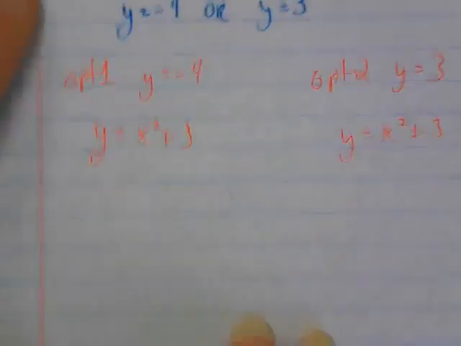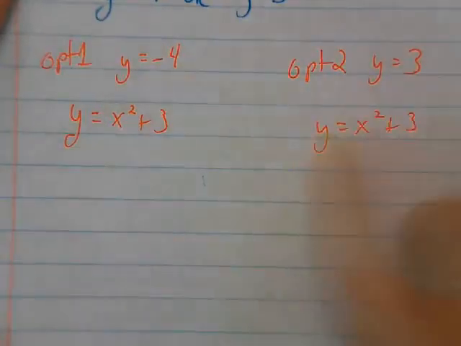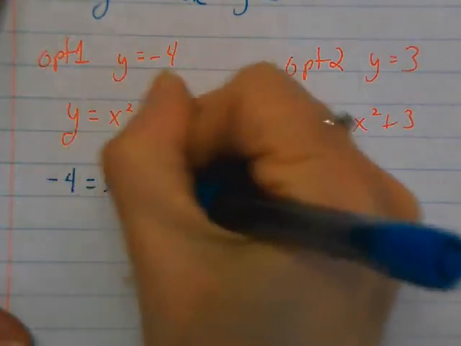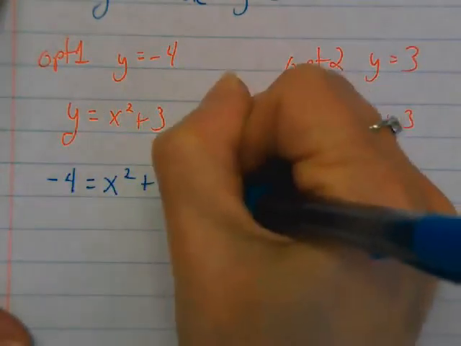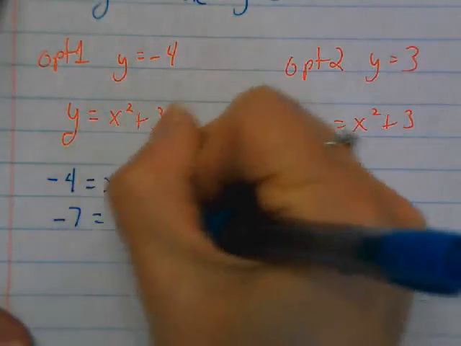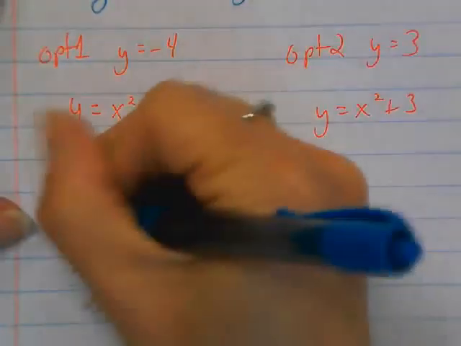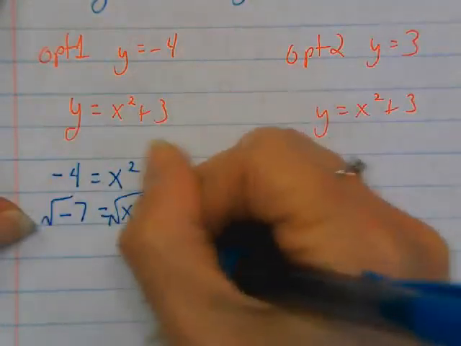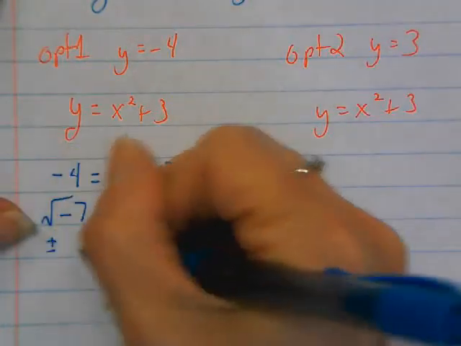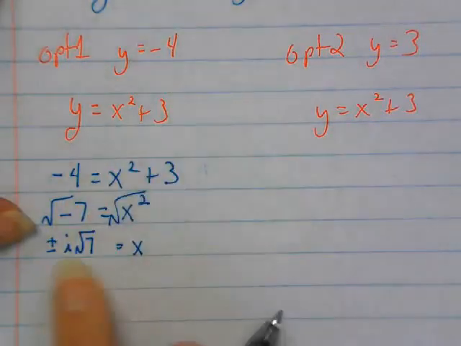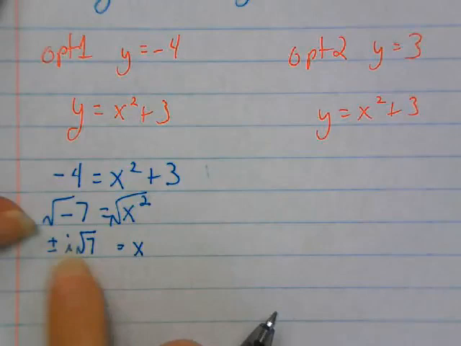Okay, so I'm going to plug in negative 4, I'm going to plug in a 3, and I'm going to see what I get. So negative 4 is equal to x squared plus 3. So I get negative 7 is equal to x squared. When you take the square root of a negative number, all of a sudden you get plus or minus i square root of 7. Now, we're not going to acknowledge that that's a real root.